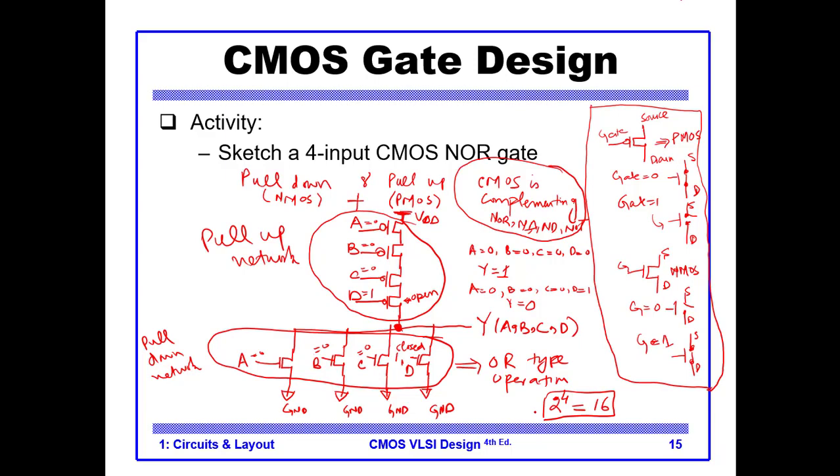So down for ground, up for VDD. If you want to design an OR type operation, the connection should be in parallel. And if you want an AND type of operation, the connection should be in series.